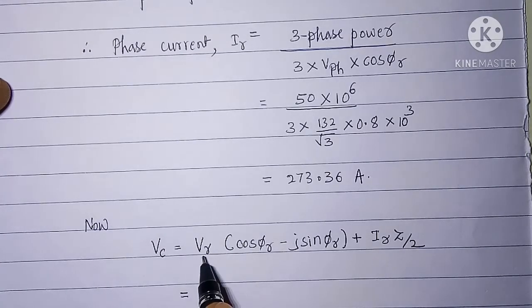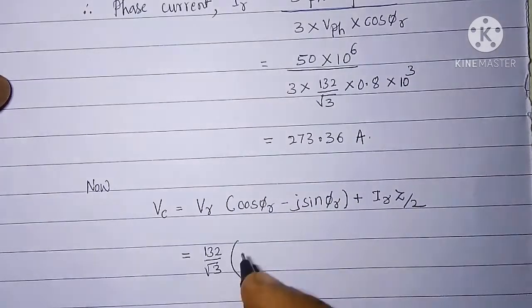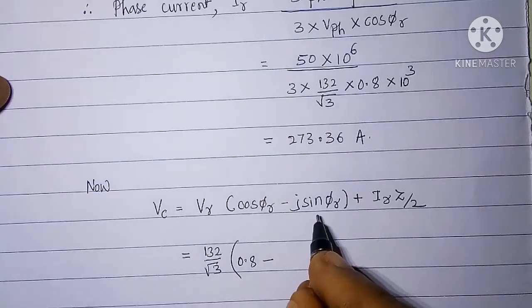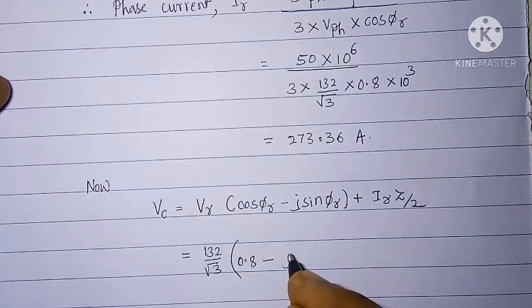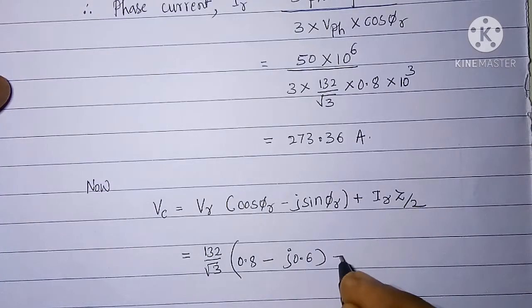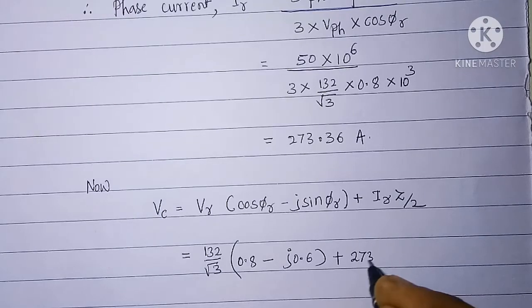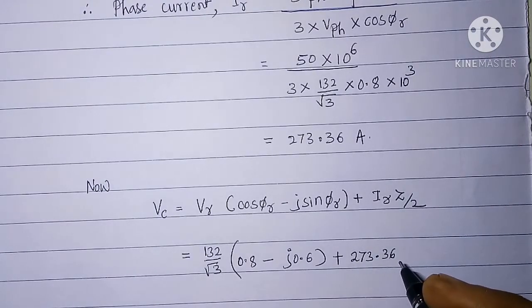We have calculated VR as 132 by root 3 into the bracket. Cos phi r is 0.8. If I take cos inverse of 0.8 and then calculate sine of that value, I will be getting 0.6. So j into 0.6 plus IR is 273.36.